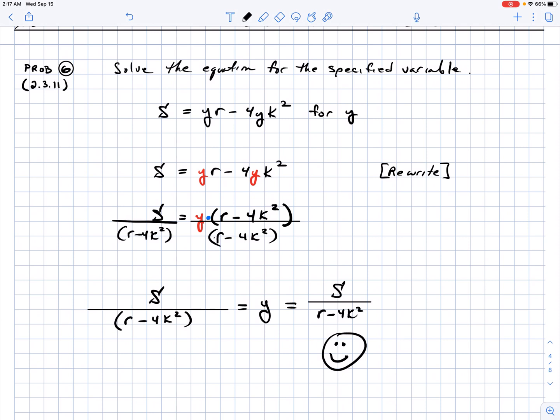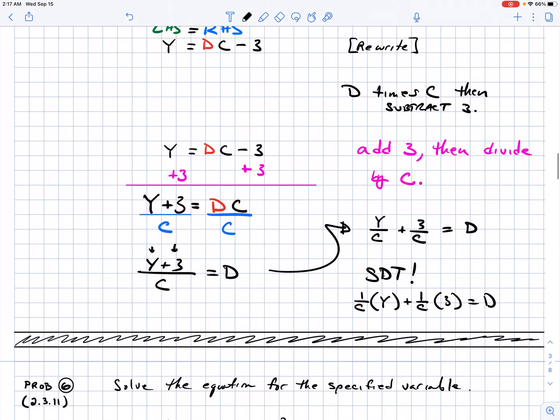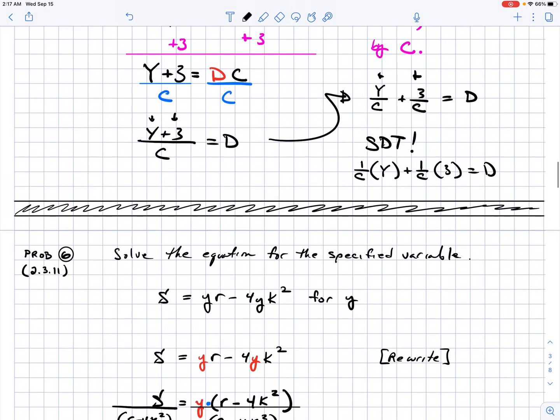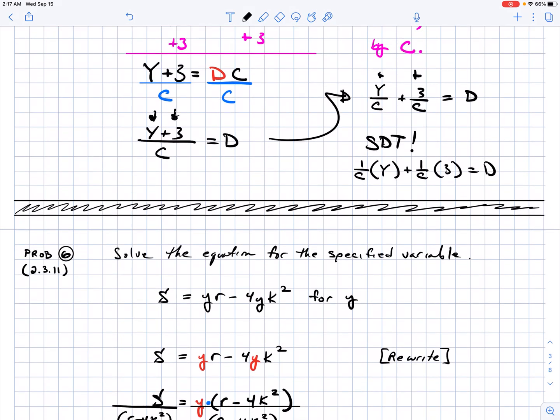Kind of just having fun, because what I'm trying to illustrate here is, do you see how there's only one term? Notice in the other one when we did this, we had two terms. You see them again? Two terms.